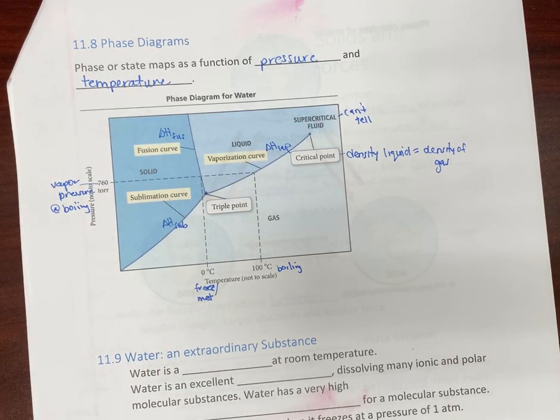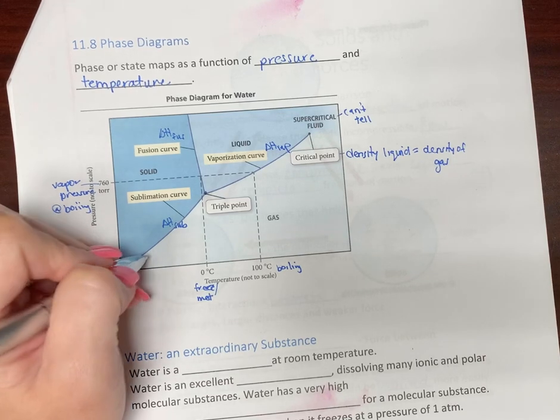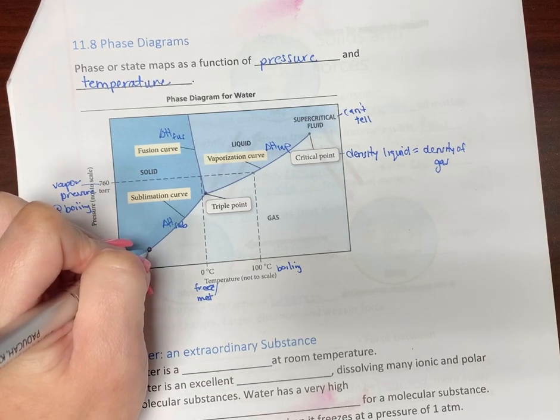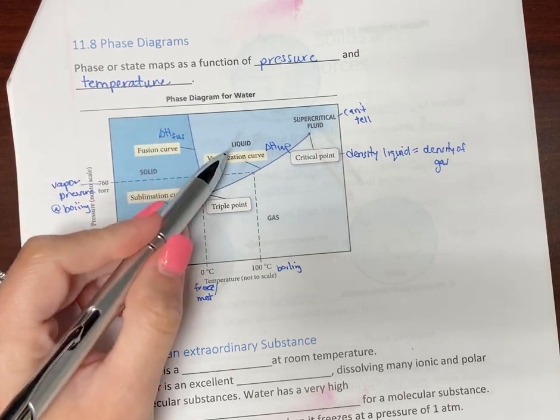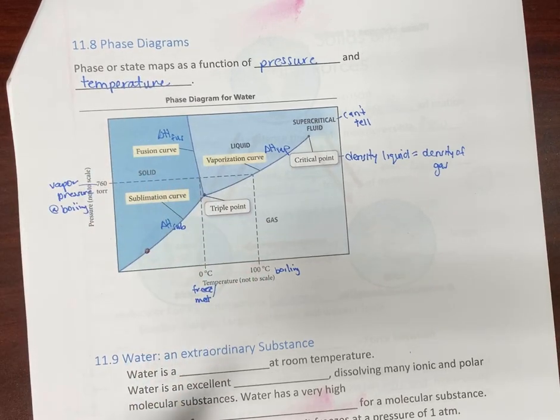So how would you apply this? You would apply this, let me take my black ink pen here. You might get a question that says at point, you know, it might draw a point here. But it's not going to have these things listed out. You're just going to have a phase diagram.